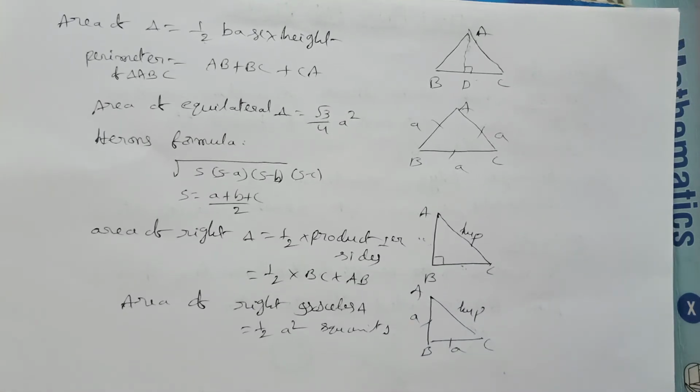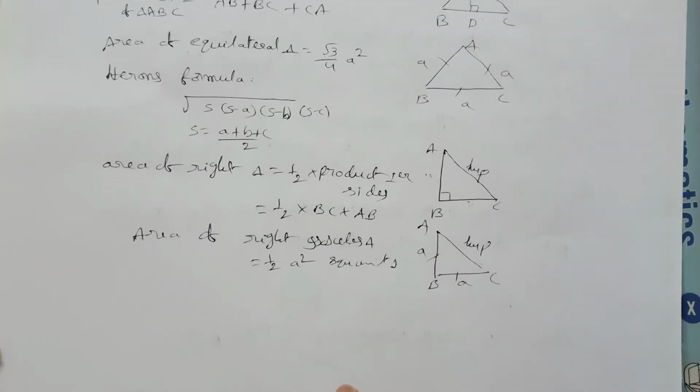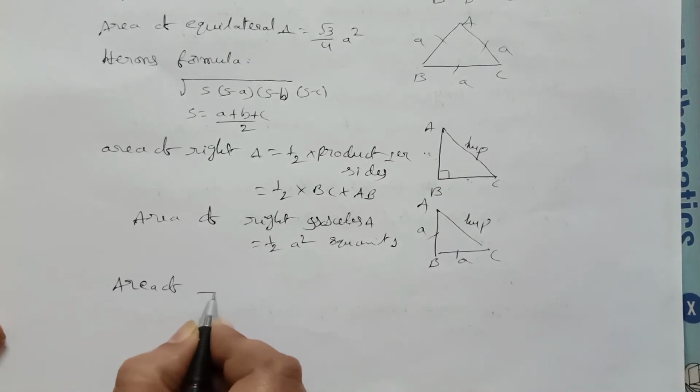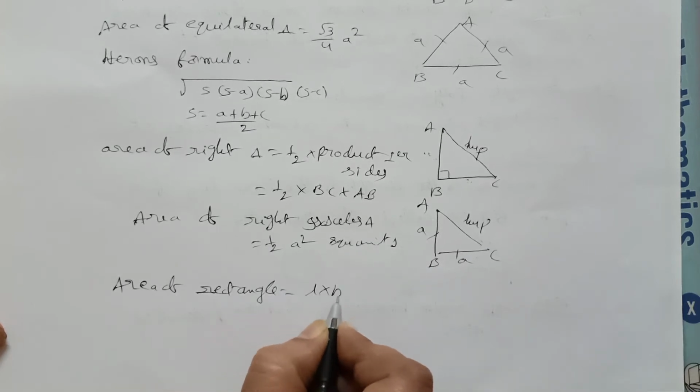Now what is the area of rectangle? Area of rectangle is equal to length into breadth.